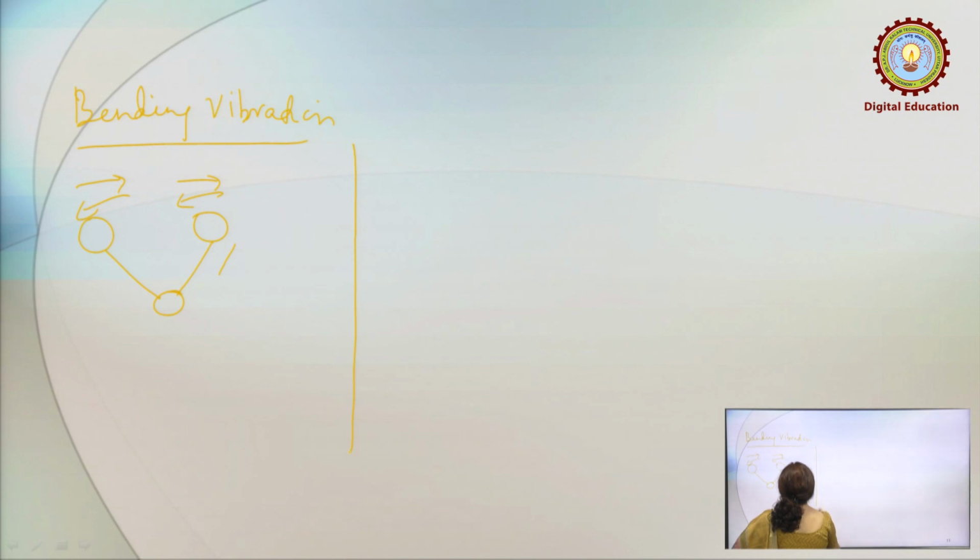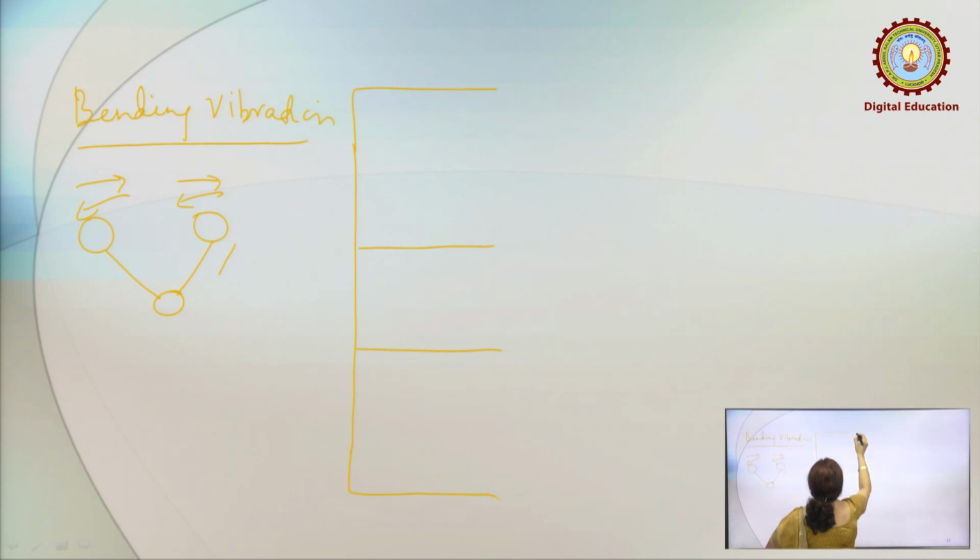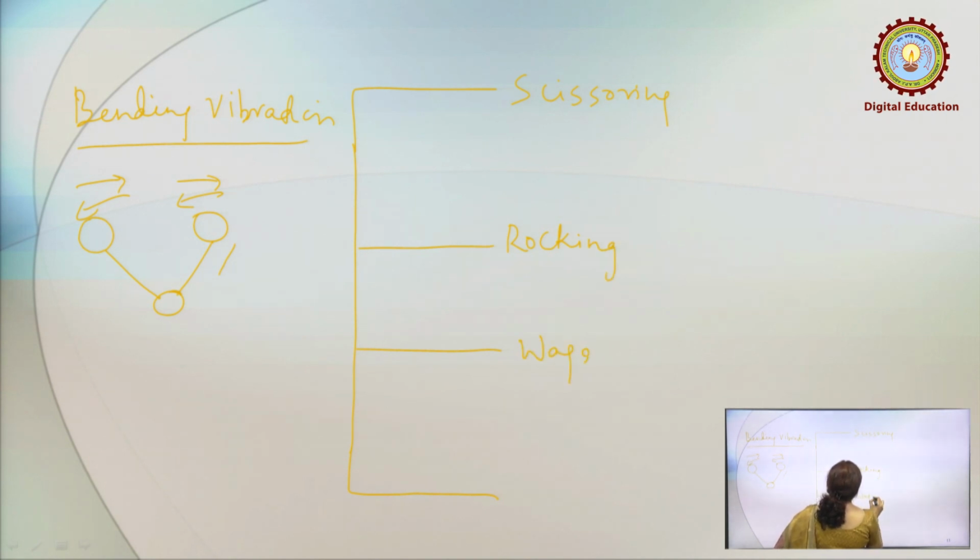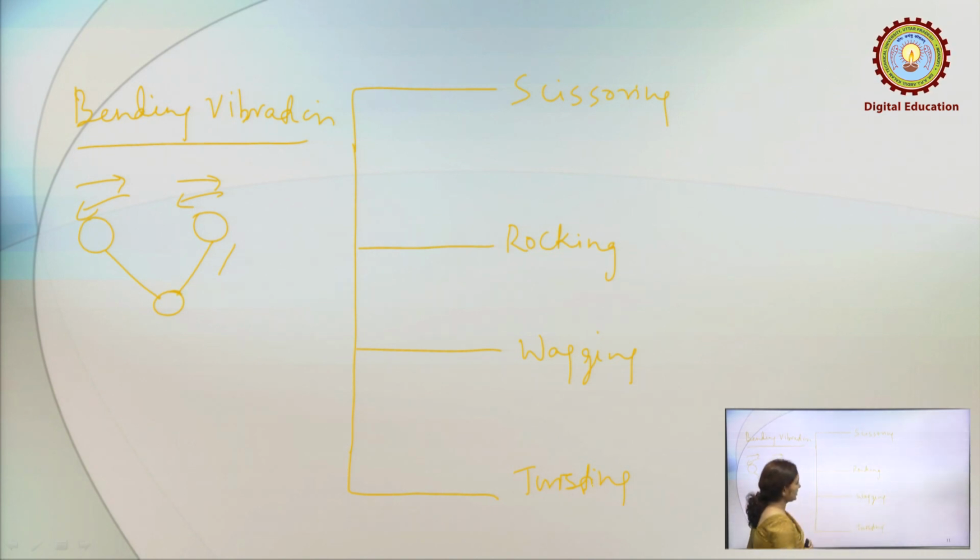Molecular vibrations are four types: scissoring, rocking, wagging, twisting.